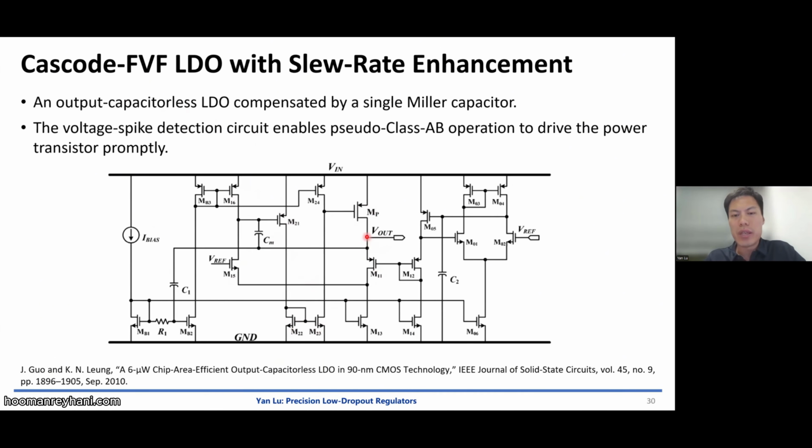You see, when we feed back through M11 to M15 to M21, then it's a common source stage with a current mirror stage that drives the power transistor MP. So that's the main core feedback loop of the LDO.